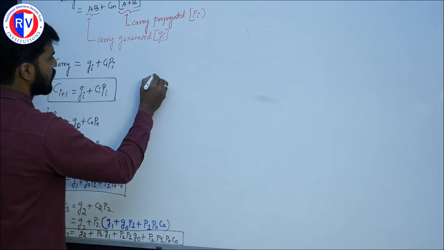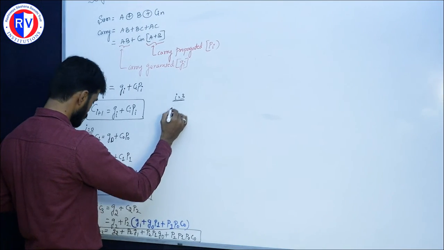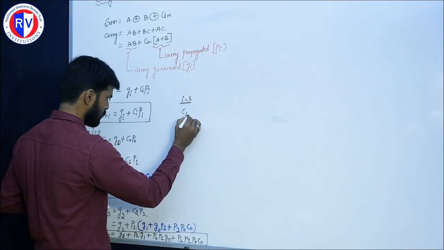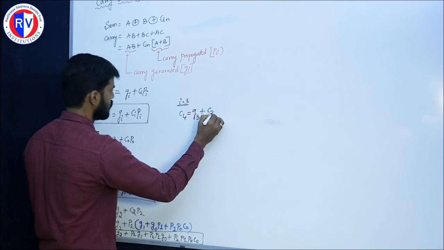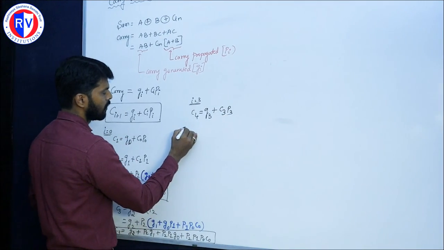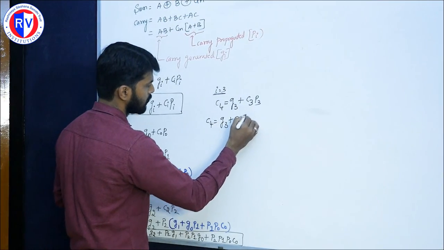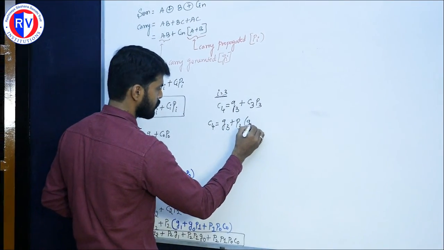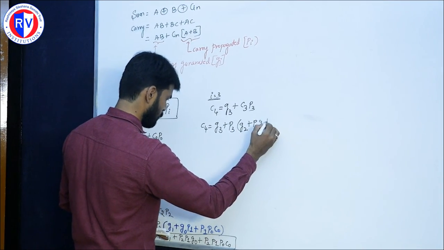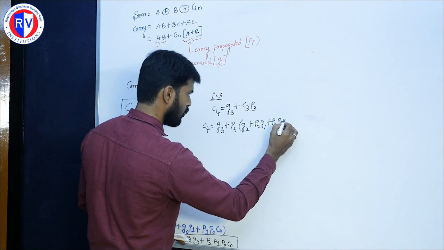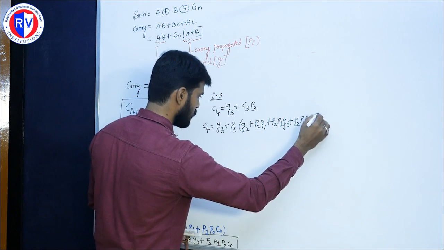Similarly, if I take i equal to 3, then C4 is equal to G3 plus C3 P3. Then C4 is equal to G3 plus P3 times the C3 value, which is G2 plus P2 G1 plus P2 P1 G0 plus P2 P1 P0 C0.